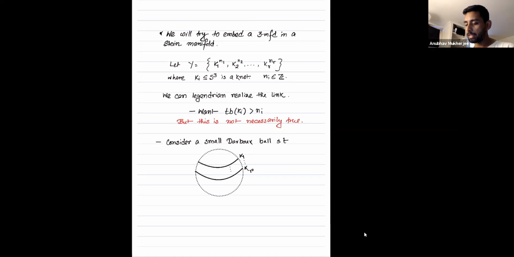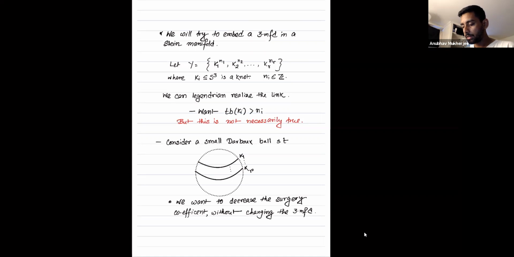We Legendrian realize the Ki, and we take a small Darboux ball such that all of the Ki's go from one side to the other as parallel strands. They are knotted outside of this 4-ball, but inside the ball they are just parallel strands. We can always take a small Darboux ball where this picture is true.